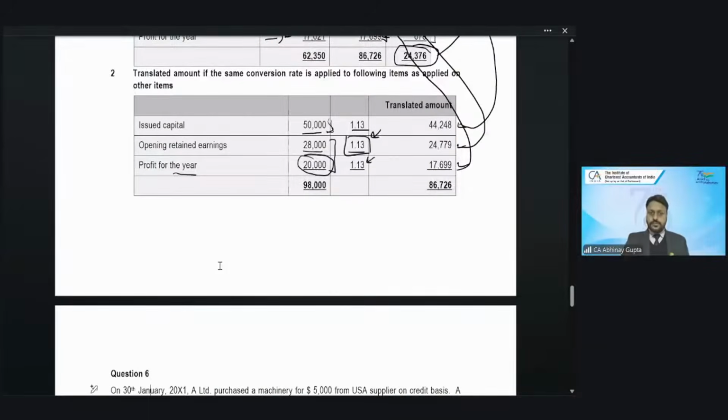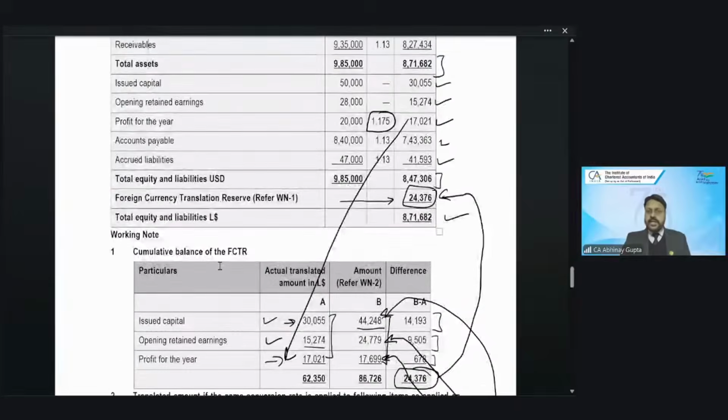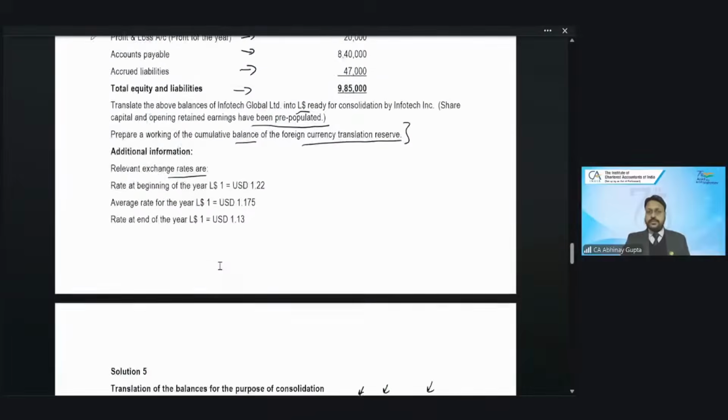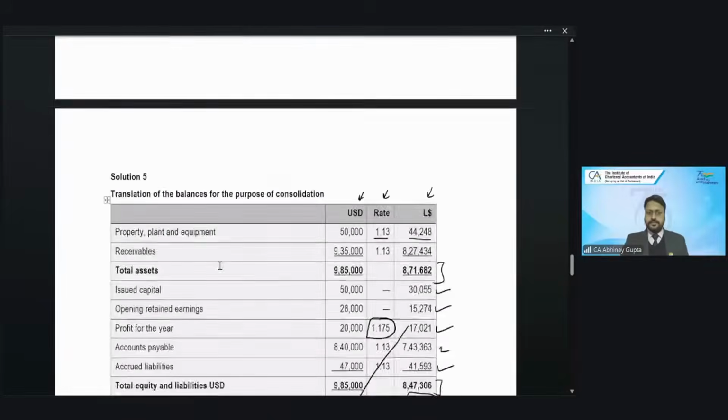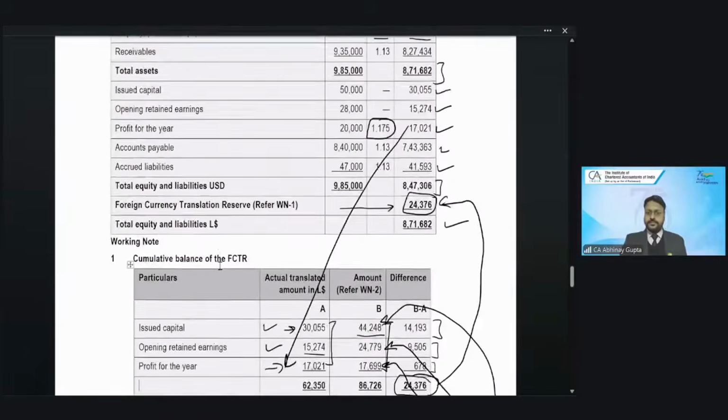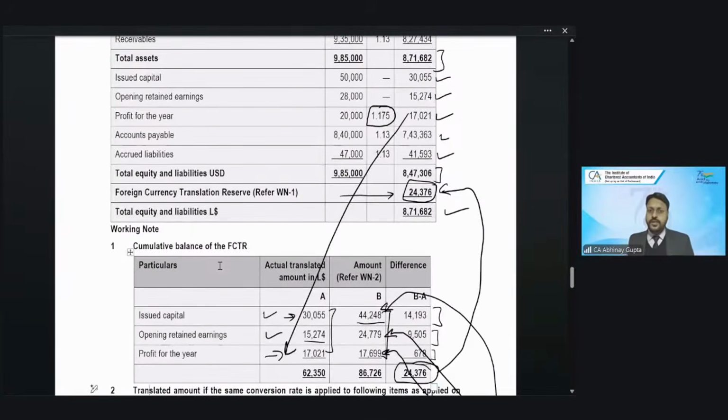Now, what are the key learnings from this question? The key learning is, first of all, the balance sheet items will be converted at the closing rate while doing the translation from one currency to another. We need to pay attention whether the rate will actually be multiplied or divided for the right conversion.